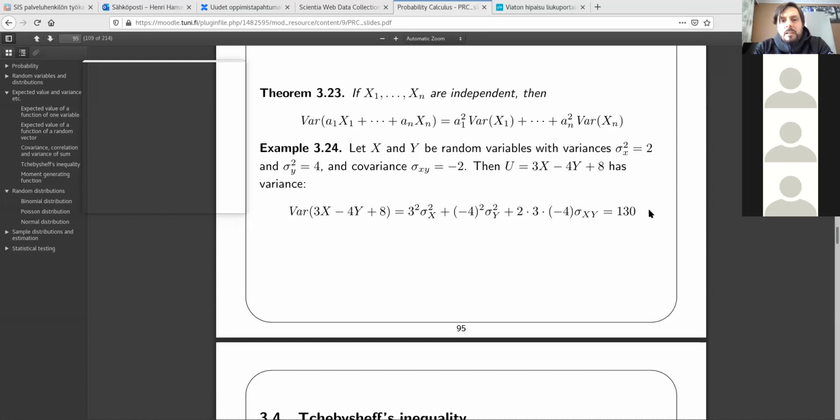So here's another example. Let X and Y be random variables with variance of X equal to 2, variance of Y equal to 4, and covariance of -2. Then 3X minus 4Y plus 8 has variance 130. So the variance becomes quite big.